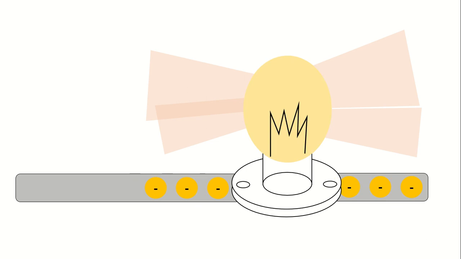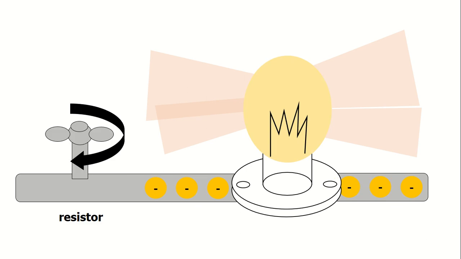To avoid this, resistors are added to the circuit. You can think of resistors as a water valve, which regulates how much water current can pass through a garden hose, for example. Light bulbs placed in circuits without resistors might appear brighter for now, but they would have a shorter lifespan.